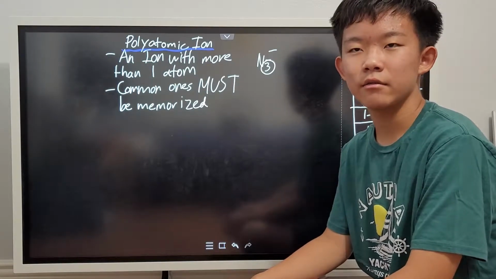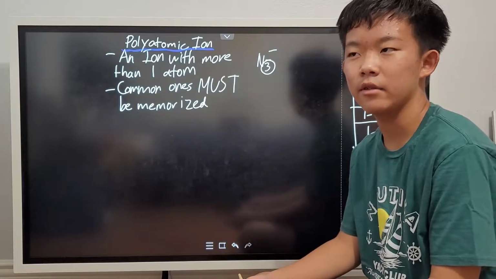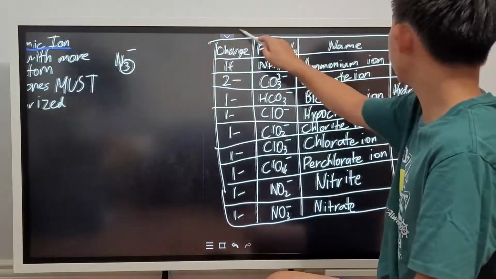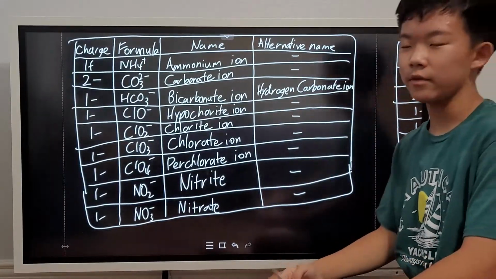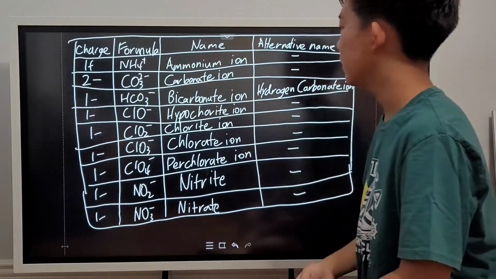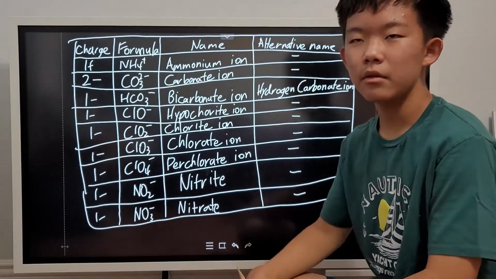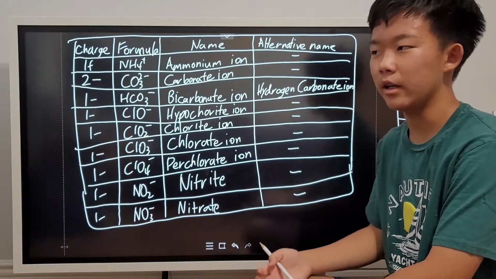Now, azide is one of the rarer ions that you don't have to memorize, but the common ones you have to know. Here I have two charts with the common polyatomic ions. Take a look at the first chart. So the first ion is NH4+, the ammonium ion. The ammonium ion is the conjugate acid of a very common household base, ammonia.